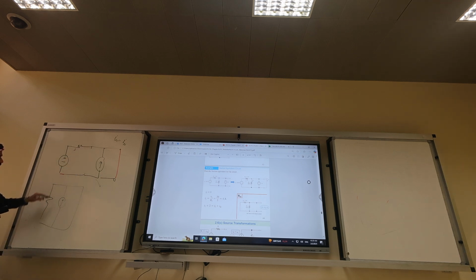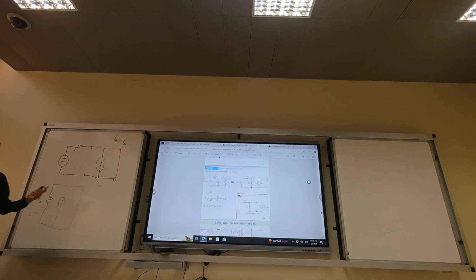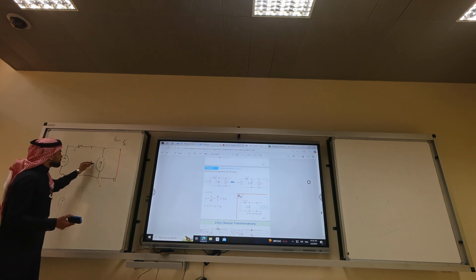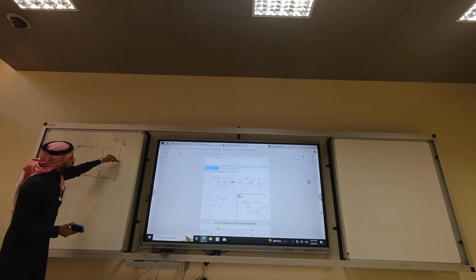If the voltage drop across this resistor is 0, it means the current source will still be there, 2 amps will be flowing here, and the I short circuit is flowing here.